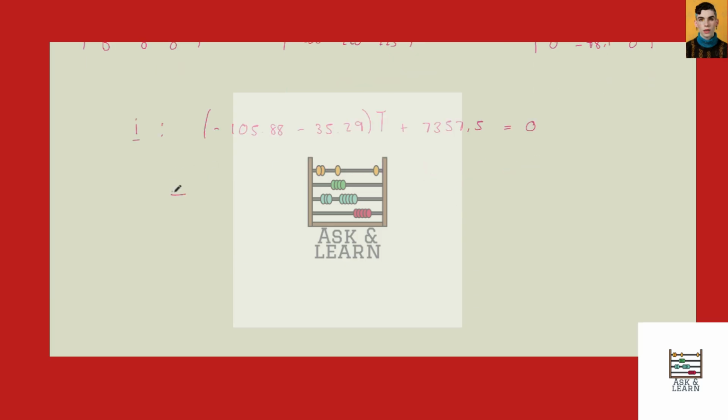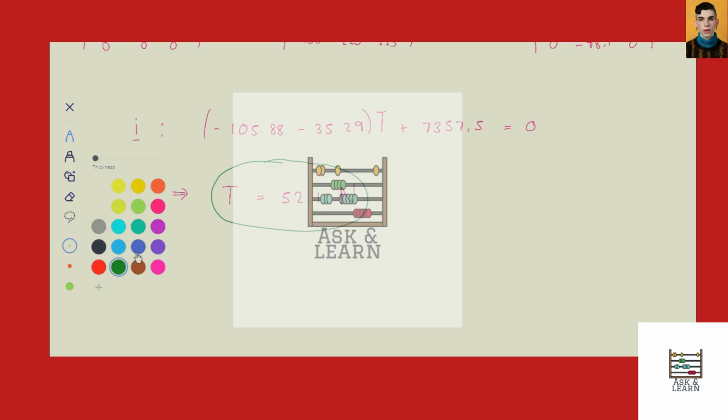So from here, we can immediately find the tension. So the tension T, if you rearrange this equation, which is the first required solution, is 52.1 newtons. So we have the magnitude of the tension as required.